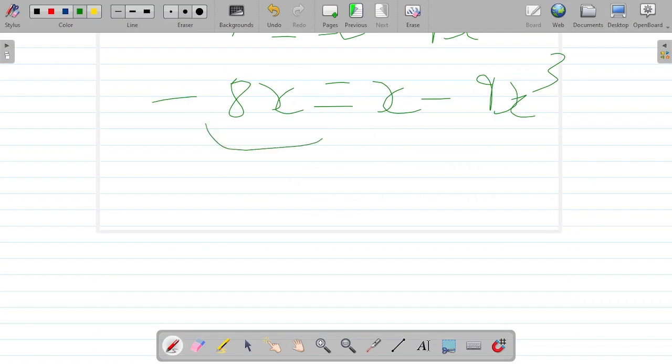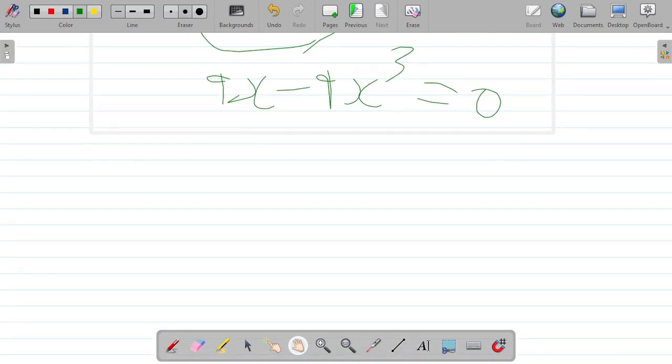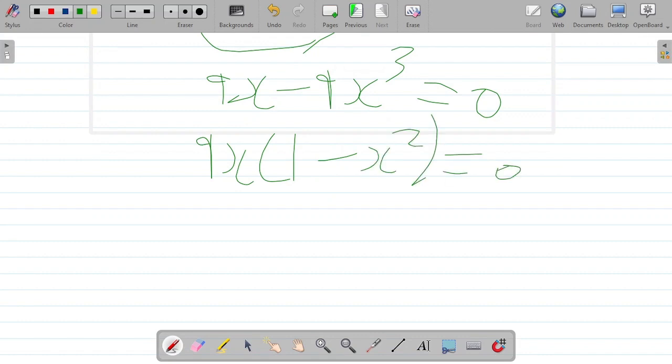So you bring it to the other side, you're gonna get 9x minus 9x cubed equals 0. You can factor 9x, so you get 9x times 1 minus x squared is equal to 0. So you get 9x equals 0, and 1 minus x squared is equal to 0.